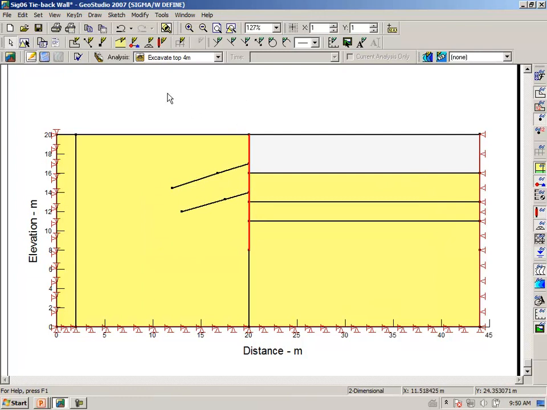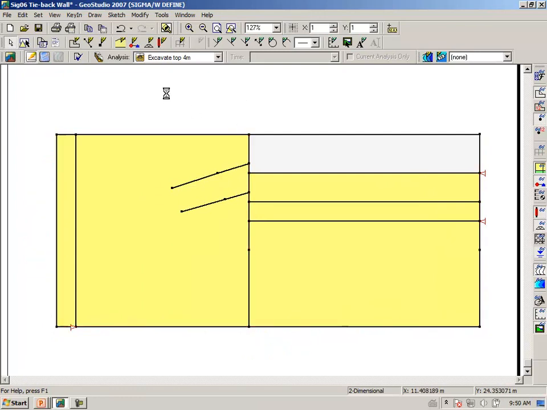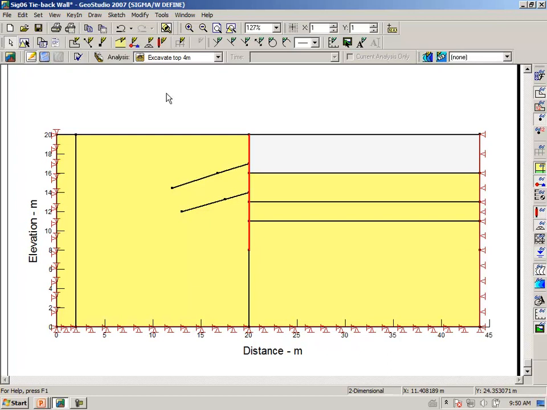Now we come to simulating the removal of the soil. And there was a stress here, and the stress plus the change in stress is equal to 0. So there was a compressive stress here. We want the stress to be 0. So in a finite element analysis, we have to apply a stress that is equal and opposite.